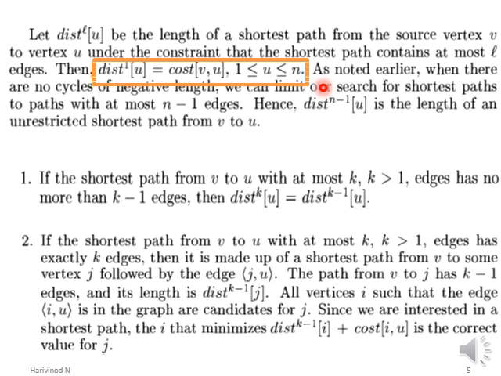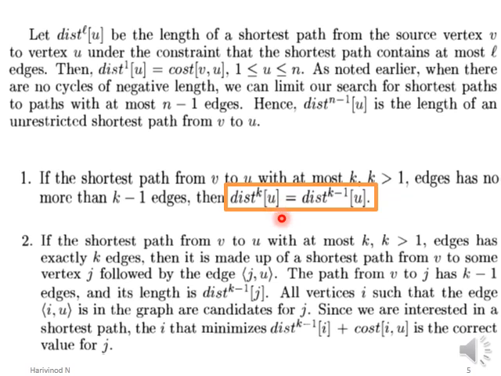Now let us understand, suppose the shortest path from V to U with at most k number of edges does not contain k number of edges, then the dist k of U can be written as dist k minus 1 of U. So this is one relation we can build.